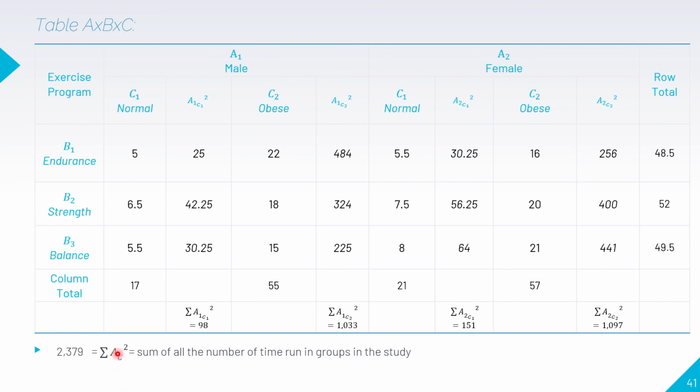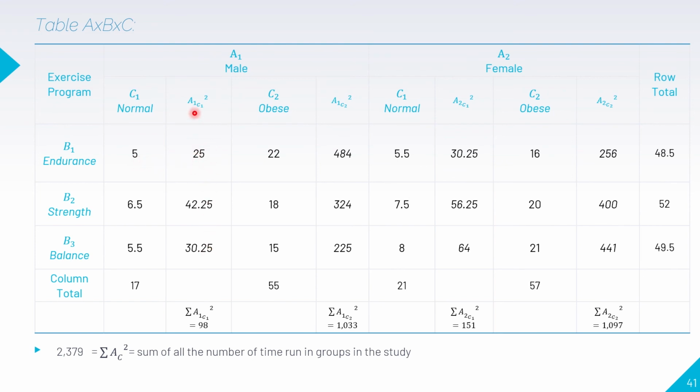Next, let's find our summation of AC squared, the sum of all the number of times run in groups in the study. So this is in groups. Using table A by C, we will find this one. This is complete. That's a 5. It is by groups. So 5 multiplied by itself, we have 25.